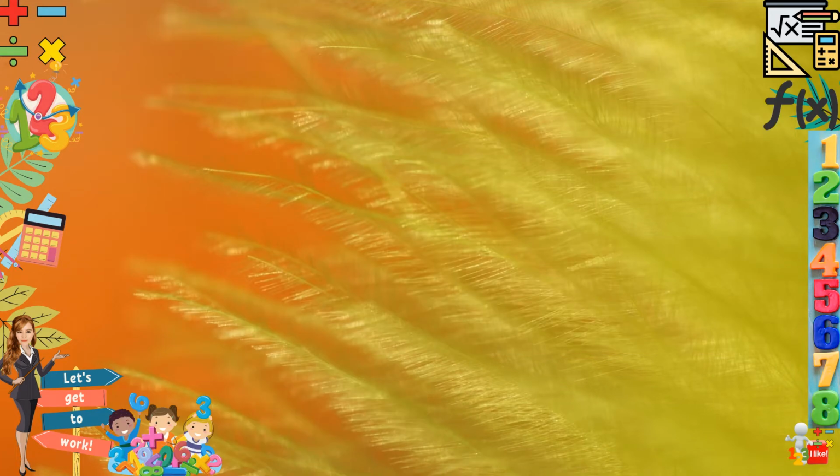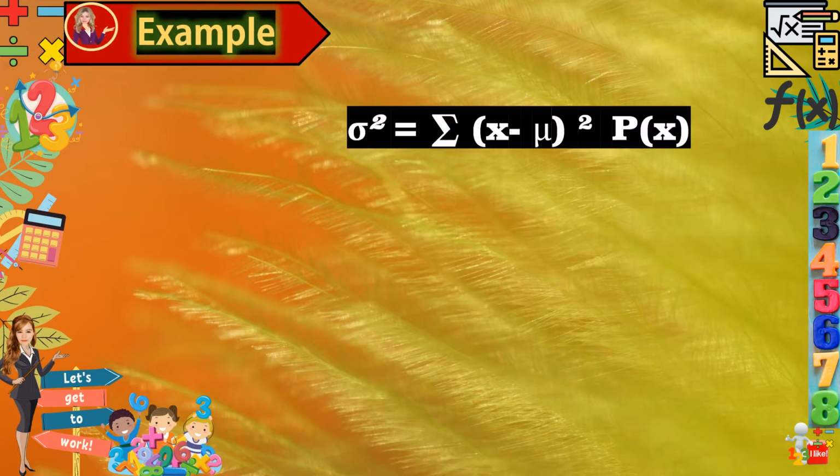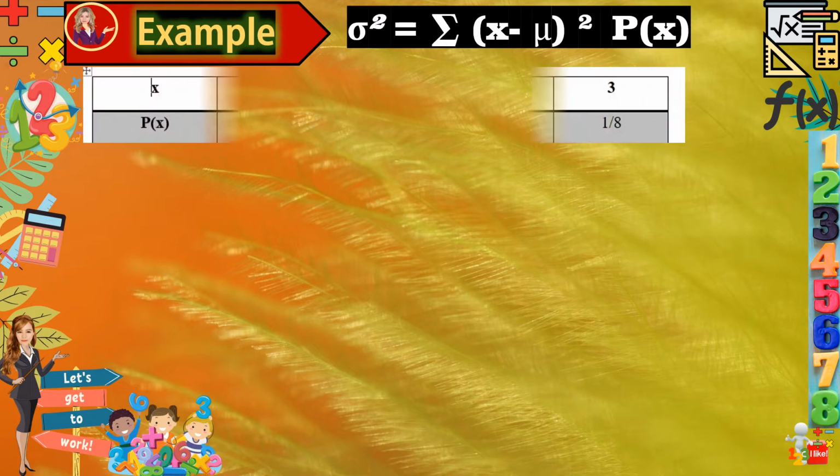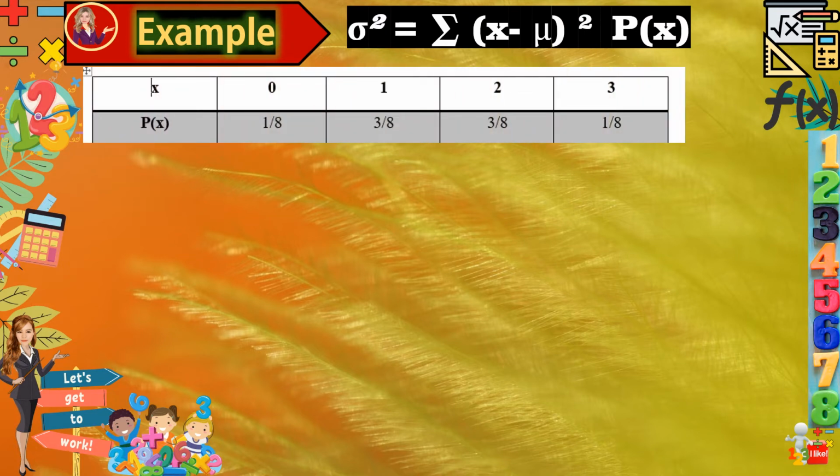Let us now apply the first formula. Sigma square is equal to the summation of the quantity x minus mu squared multiplied to p of x. We have here the given example where x is 0, 1, 2, 3, and your p of x is 1 over 8, 3 over 8, 3 over 8, and 1 over 8.